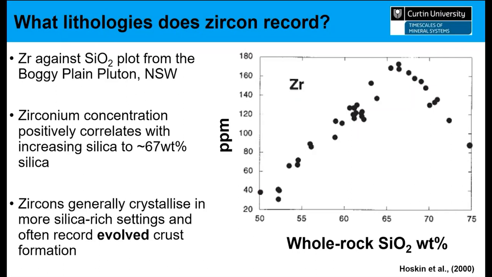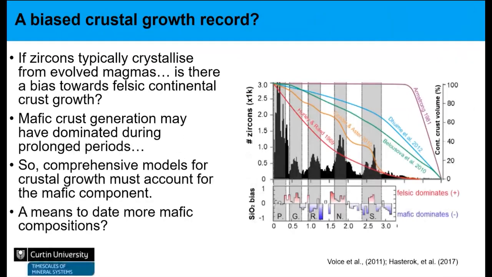So our zircon record is going to be biased to probably the more felsic end. That can have issues for how we reconstruct crustal processes and crustal evolution through time, because our record, if we're looking only at zircon, could be more biased to those periods where we're only getting more felsic rocks.